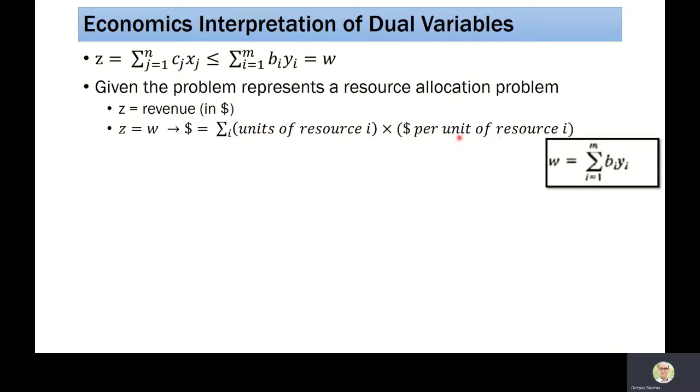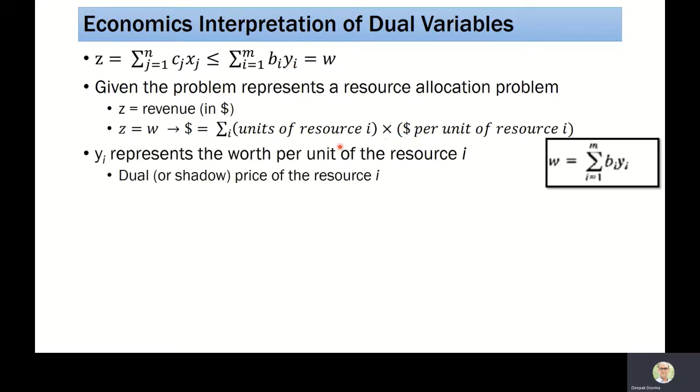From this understanding, we can say that this yi, which is a dual price, can be understood as worth per unit of resource i. This means the amount for 1 unit of, say, resource 1 or constraint 1.